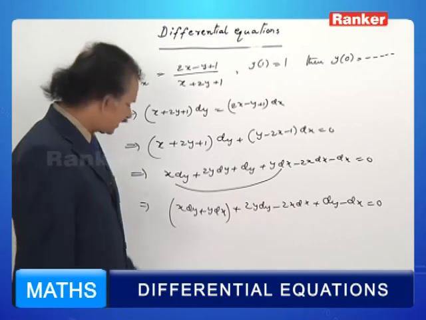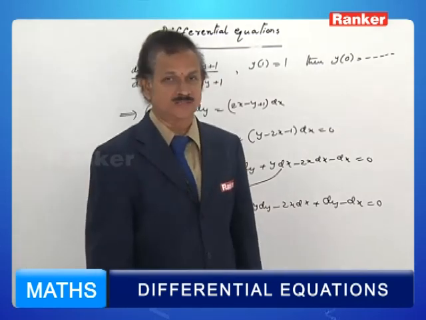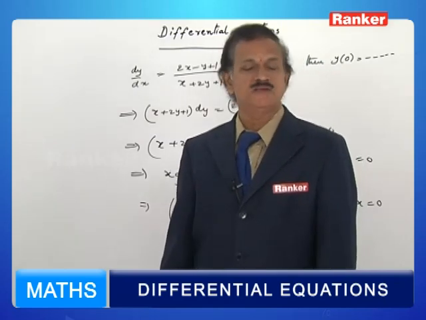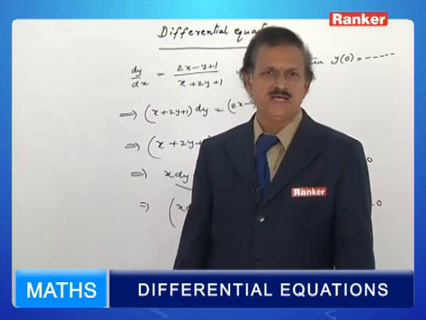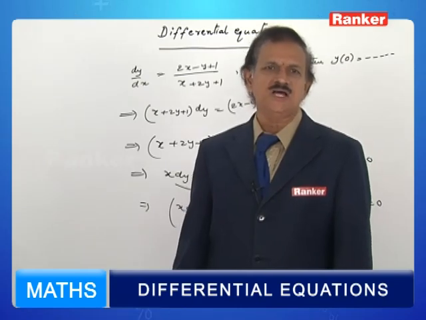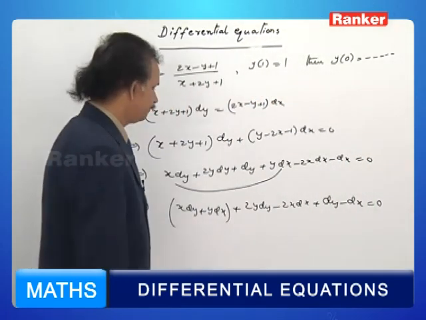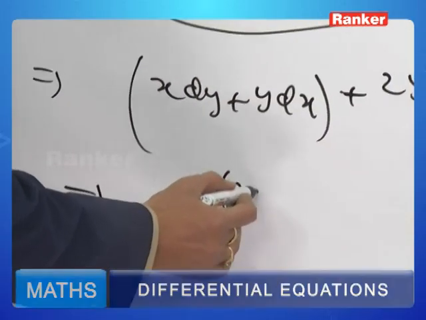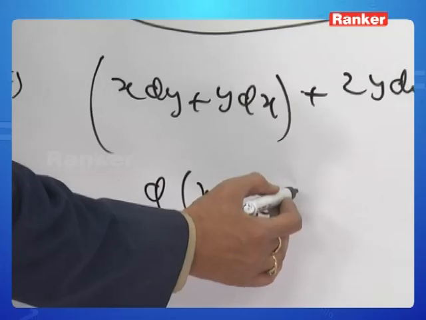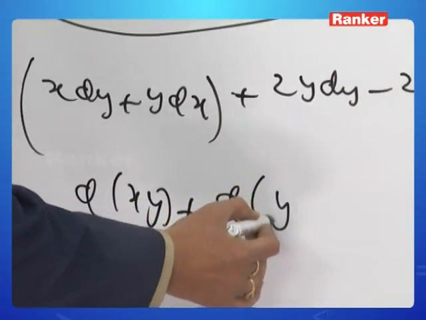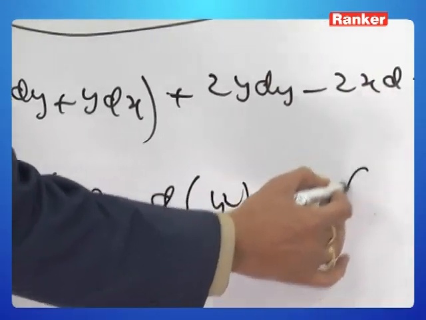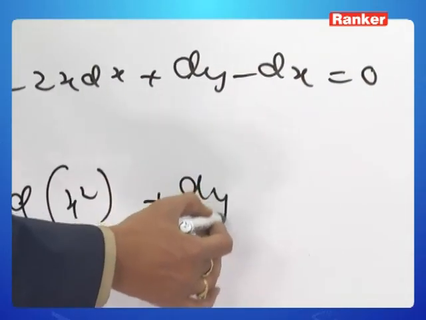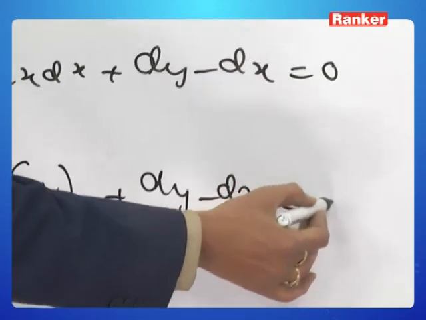We can easily recollect what is x dy plus y dx. Even in the previous problem also we could have made use of that. What is x dy plus y dx or y dx plus x dy? It is just nothing but d of xy, right? Implies d of xy plus d of y square minus d of x square plus dy minus dx is equal to 0.